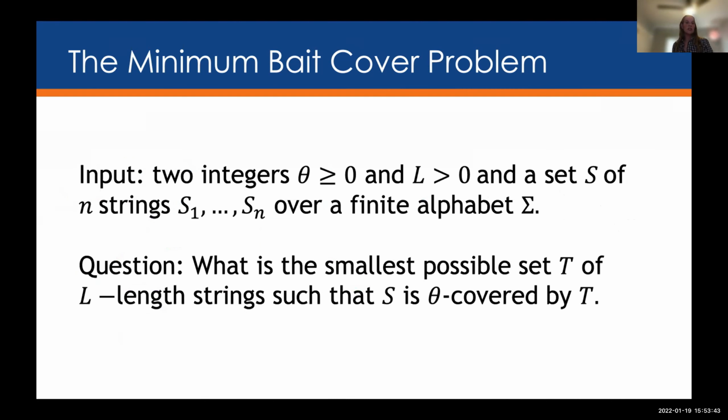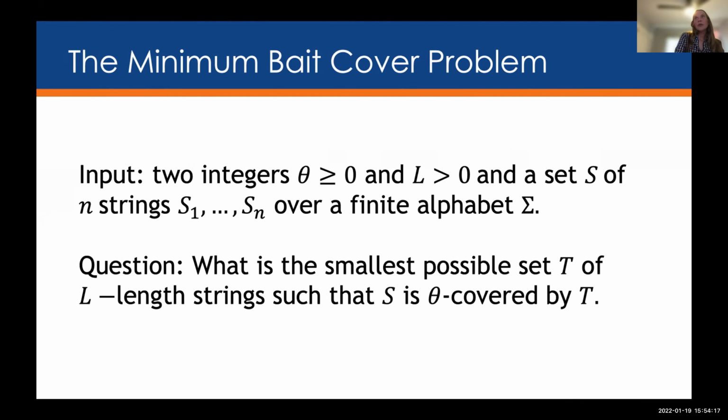The first is two integers, theta and L. And the last one is our set of strings, our database of genomes, which we assume is over a finite alphabet, sigma. Then the question is, what is the smallest possible set T of L-length strings such that S is theta-covered by T? So this is our formulation.